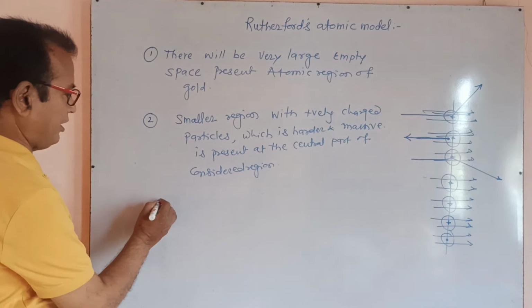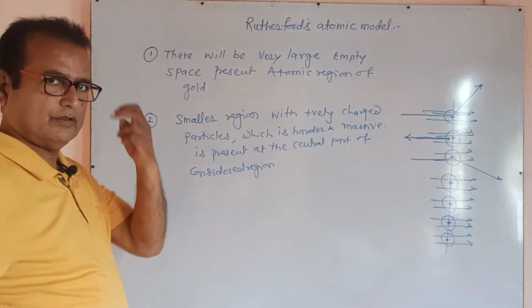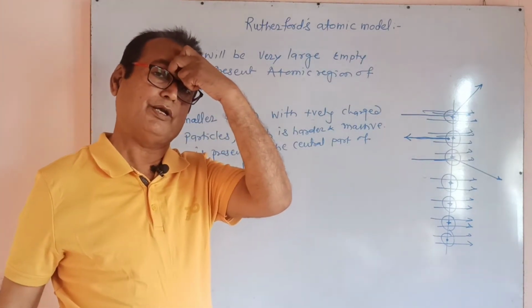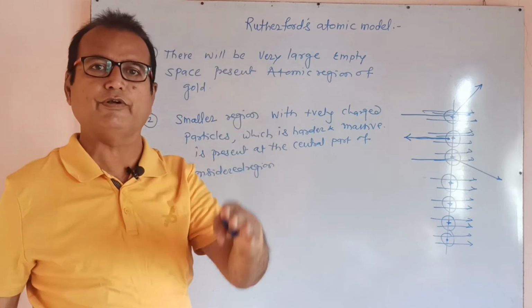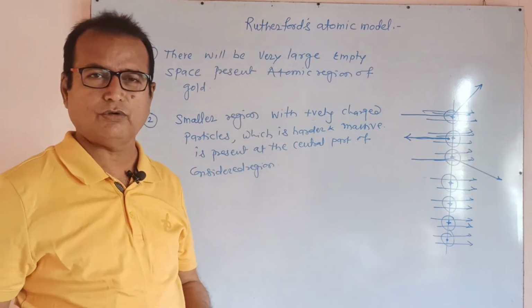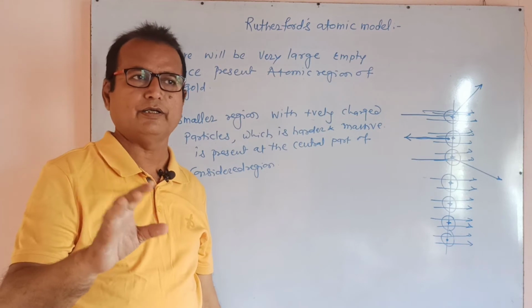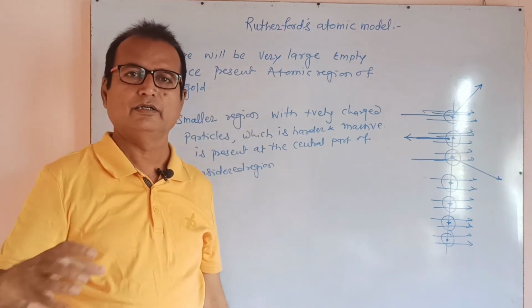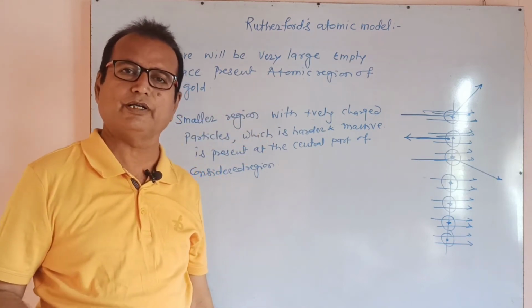Observation was that very few alpha particles, 1 out of 20,000, come back. Reversion of alpha particles takes place.